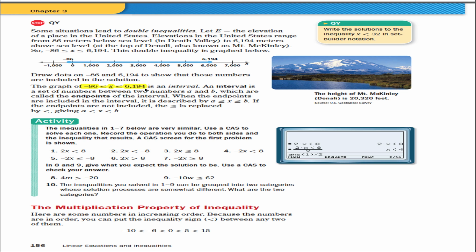They won't point away from each other. They're always going to be in the same direction for this kind of double inequality. So that would be an interval. We'll go through the activity once I get finished with the discussion of the lesson. I'm going to do this both by hand and with the CAS.